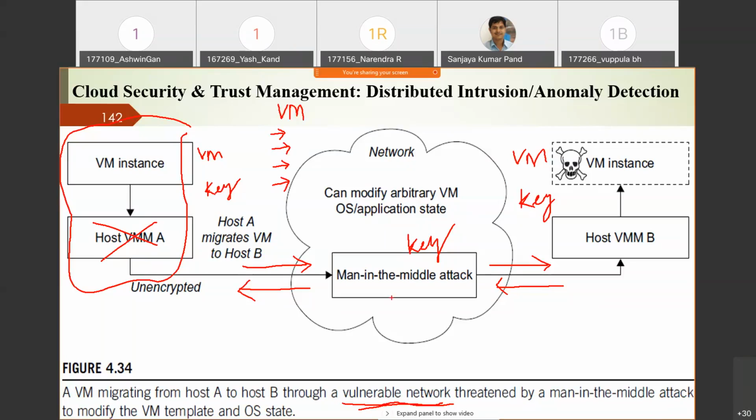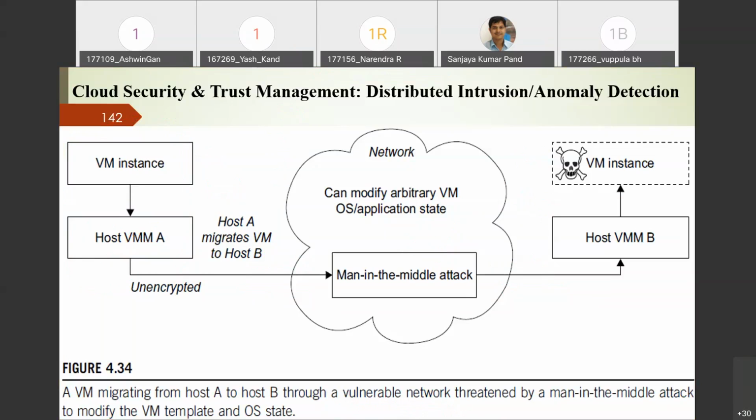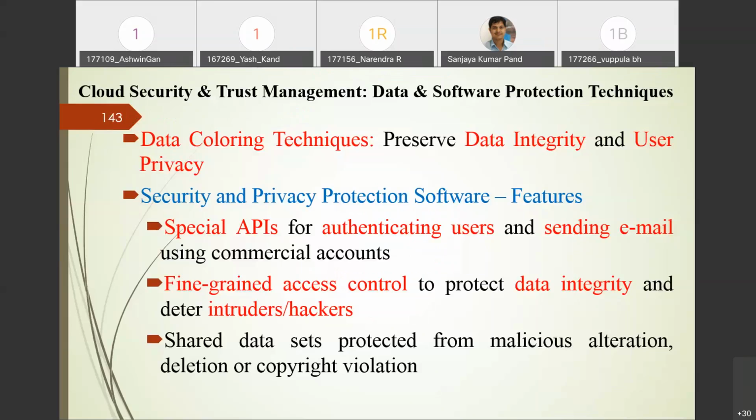Okay, so earlier, the techniques you have studied in the cryptography and network security subject were used. But the latest technique suggested is the data coloring technique, right? The data coloring technique enables us to represent each and every piece of data in the form of a color, right?